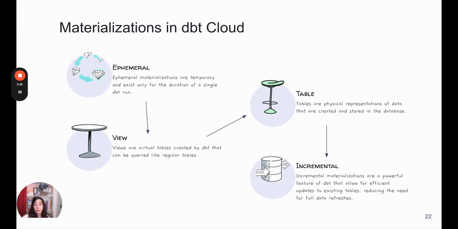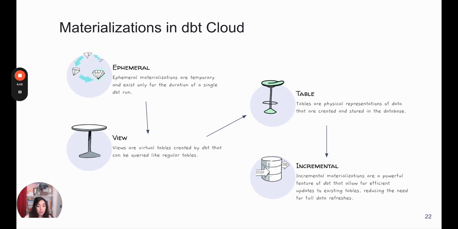Then there's a view. A view is going to materialize in the database as a view. Every time I do a dbt run, it's going to create or alter that view as the select statement within our file. Then there's a table, which materializes as a table in the physical database. And every time we run it, it's going to drop the table and recreate it, create table as select, as we saw in the previous slide.